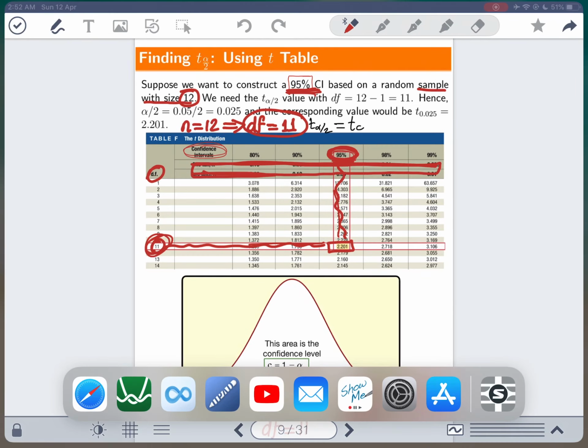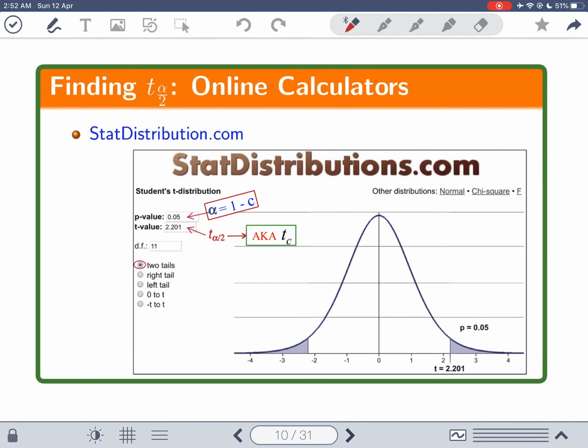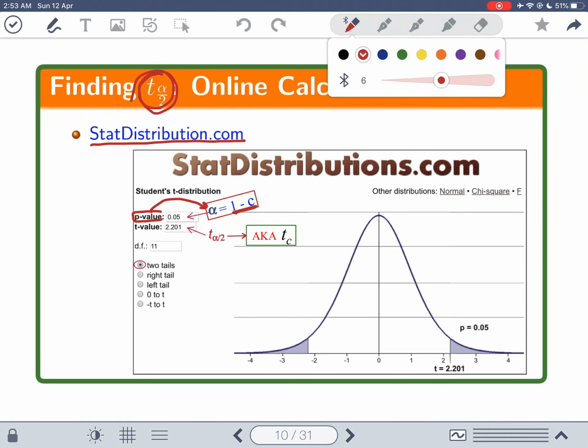Okay, I want to show you, it's on the second page. It's showing you that there is a website called statdistributions.com that allows you to find this T sub alpha over 2. So just one thing to notice, here they write something called p-value. You will learn about it in the next chapter, but for you, replace it with alpha. And remember, alpha is 1 minus c. So I will just tell you quickly.